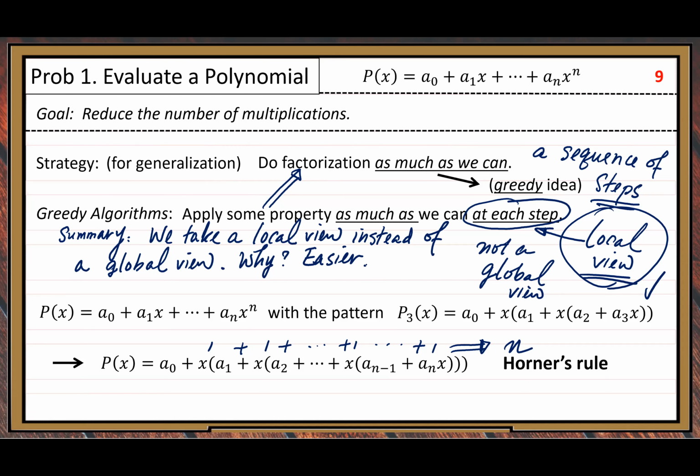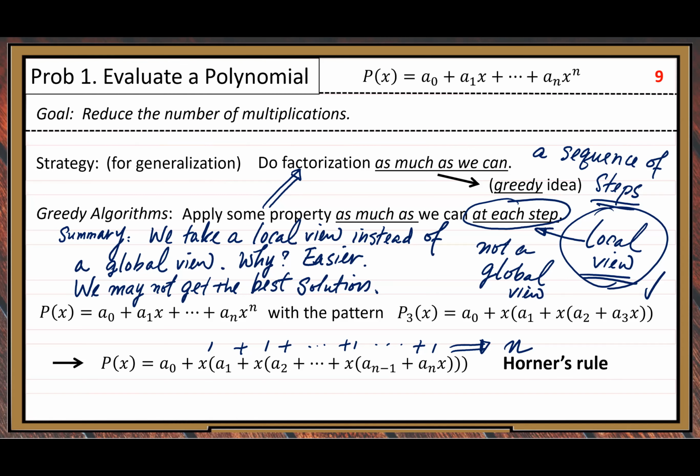But the consequence we may have is that we may not get the best solution. The local view may not give you the best solution. Only when you are lucky can you get the best solution.